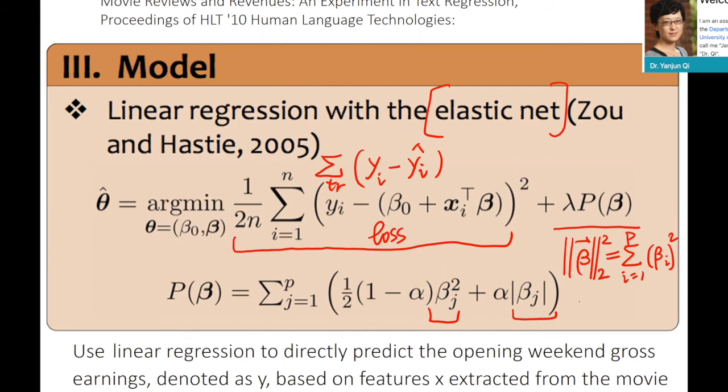And L1 is just the summation of absolute values. I hope you've already done this homework, so it should be apparent. So this is a weighted sum of the L1 norm and L2 norm of the weight vector we look for.